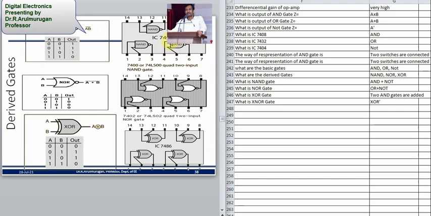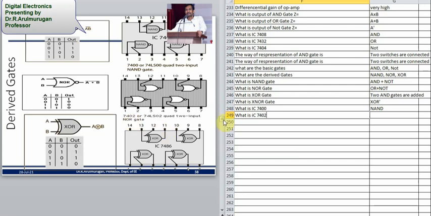Here also there are possibilities. IC 7400 means NAND gate, you should say NAND gate.